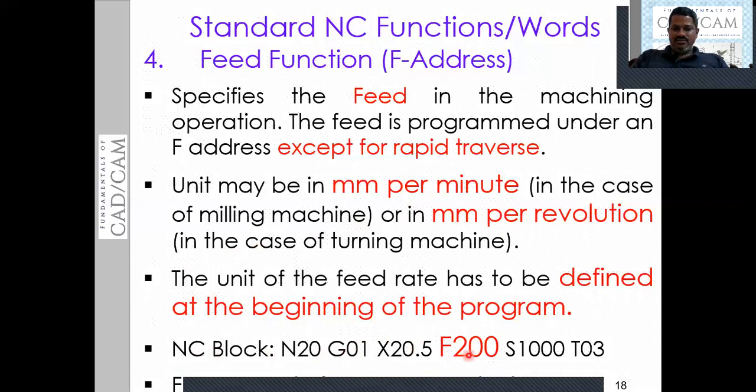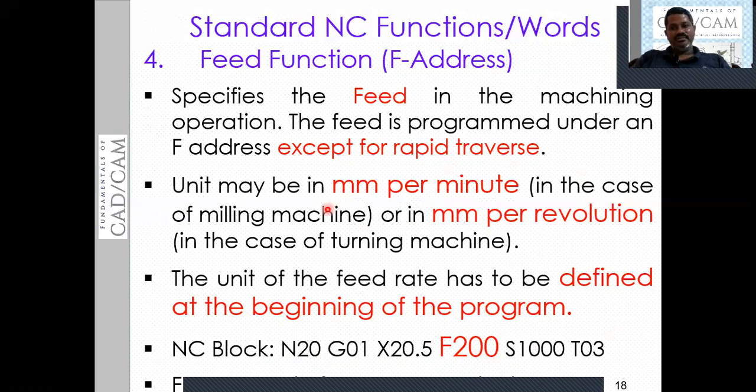Now consider one block of statement here. You can see F200 is the feed function, and 200 signifies per minute. So our tool is going to move a distance of 200 millimeters per minute, so in turn you can call it a milling machine.